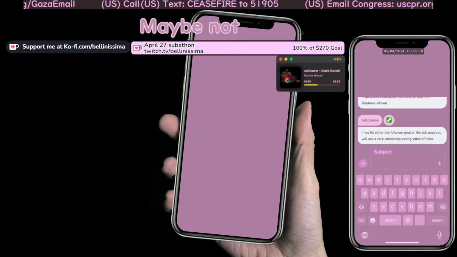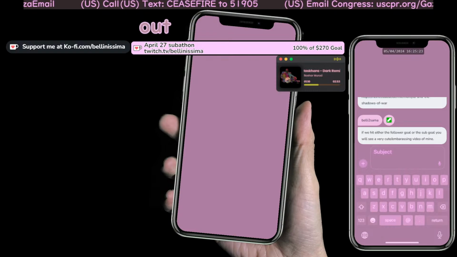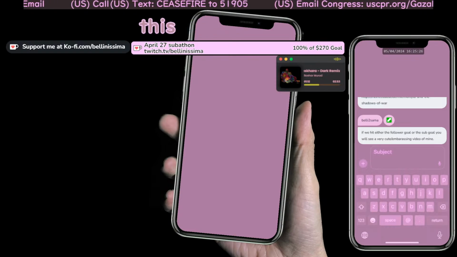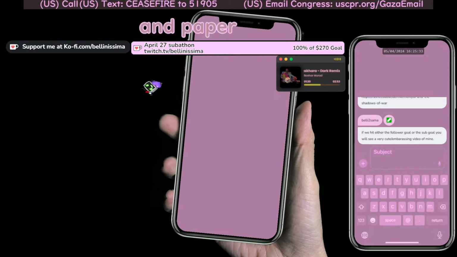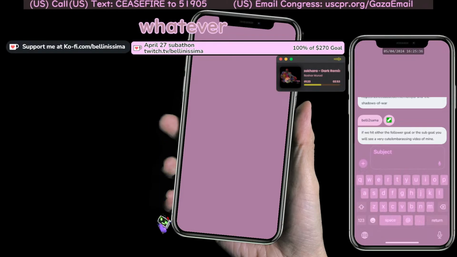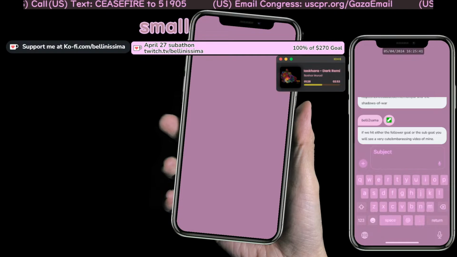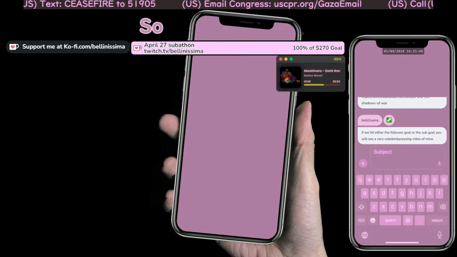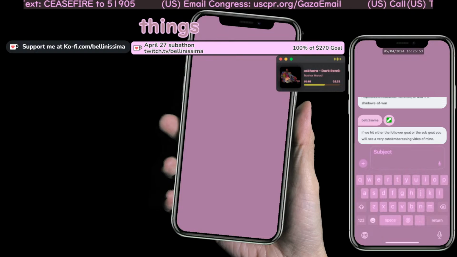Maybe not today, but in the near future, just so I can figure out what size canvas we want. Even when I do traditional, pen and paper, marker, whatever, I don't need a big ass canvas. I personally need something small. So, you know what I mean? But that's me. Sometimes it's really hard to just draw huge things.